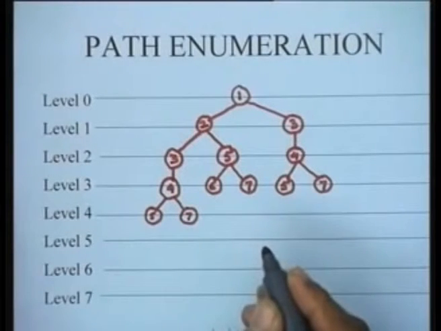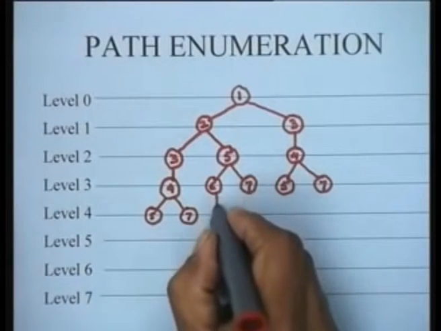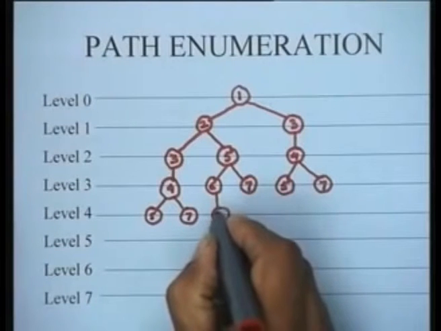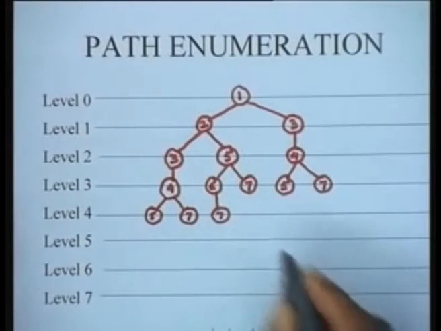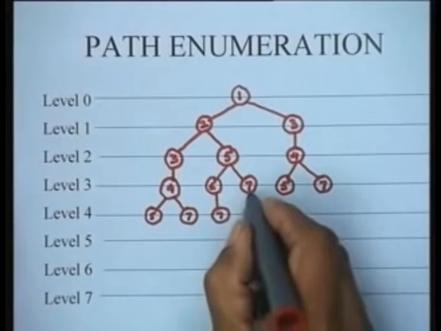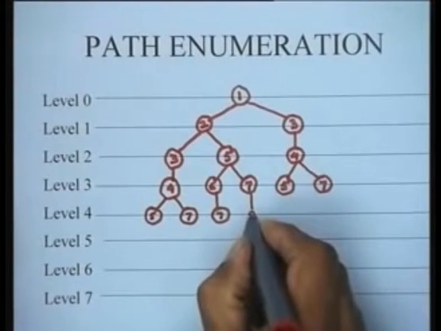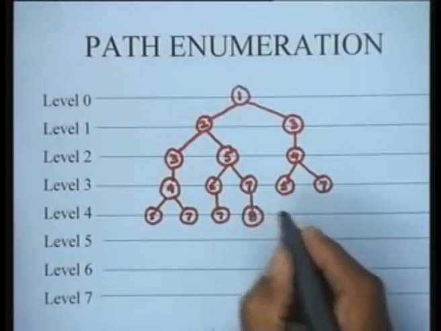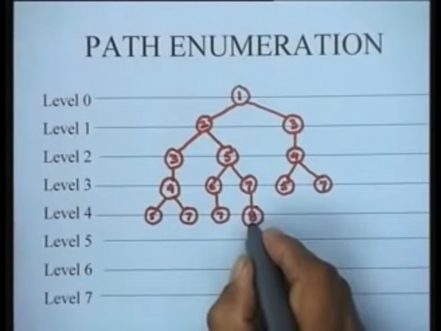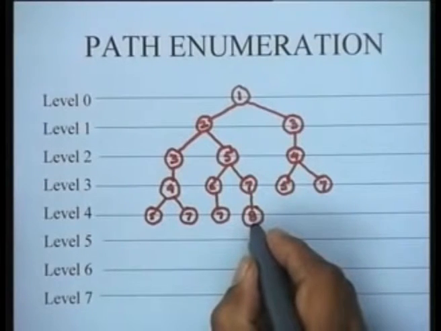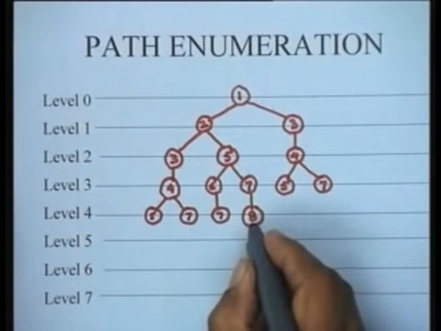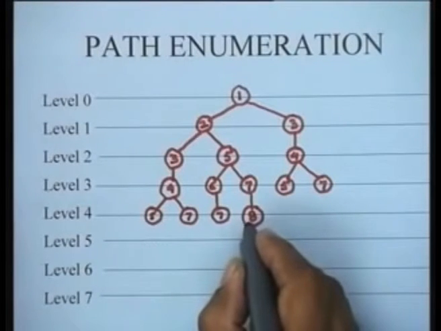And from 6 I can go only to node 7. There is only one path from 6 to 7. And from 7 I can go only to 8. In fact, when you reach 8, it is the terminal node, the last node in the network. So, that identifies that this is the end of it.